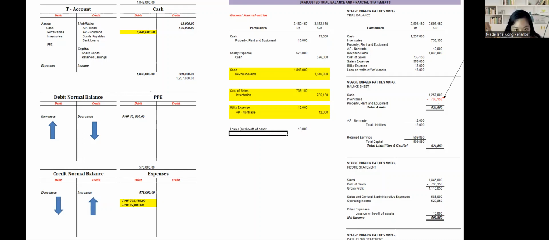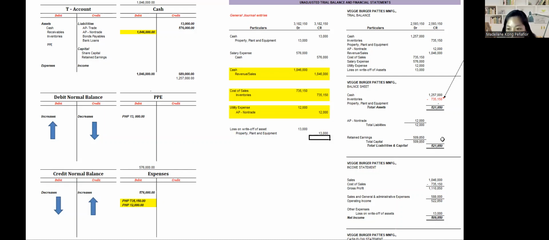And credit PPE, property, plant, and equipment, 13,000. All right. So now, how did I organize this one?